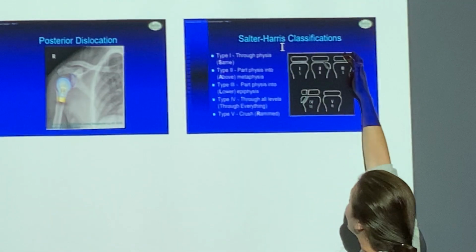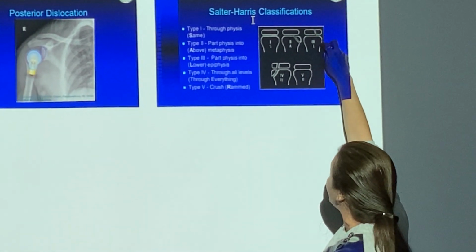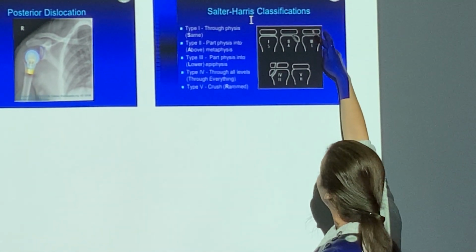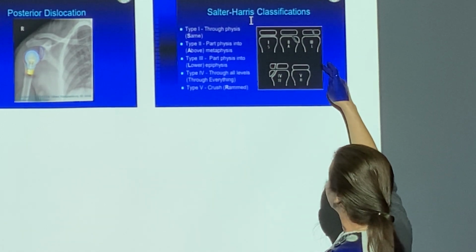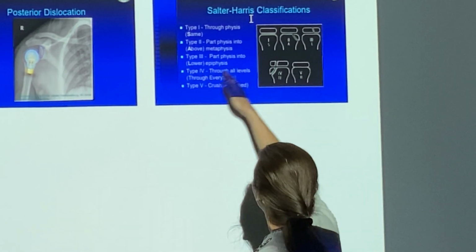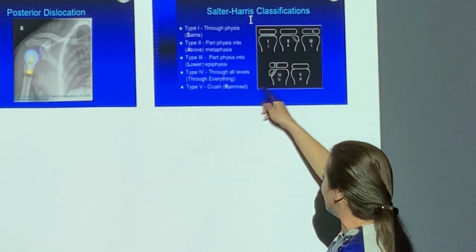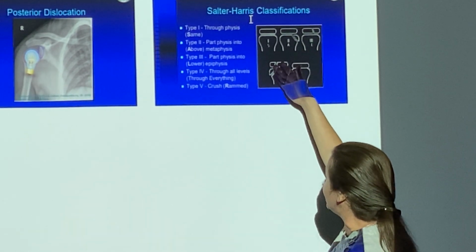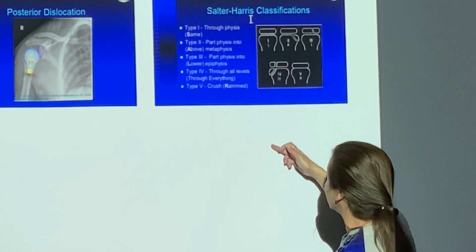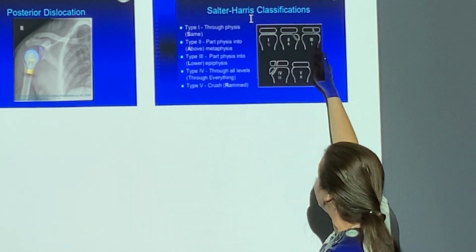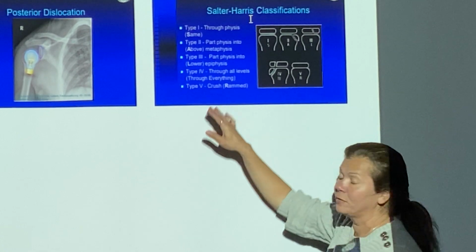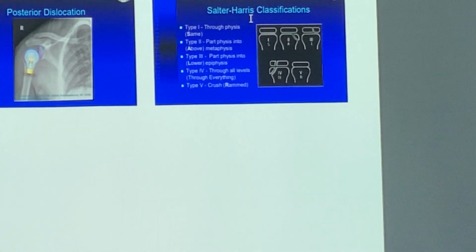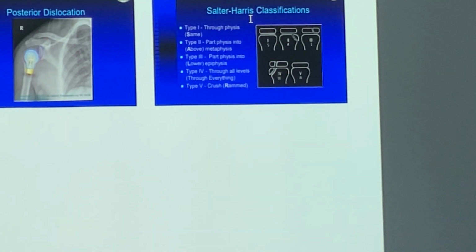Type 3 takes the entire growth plate and crosses, even though it's not showing here, crosses the epiphysis and goes down to the diaphysis. Type 4 is everything, as you can see: growth plate, epiphysis, and it can even go across. So 3 and 4 are highly similar.